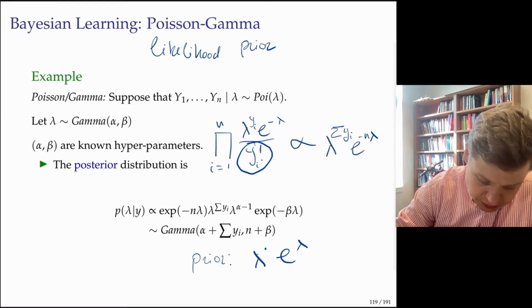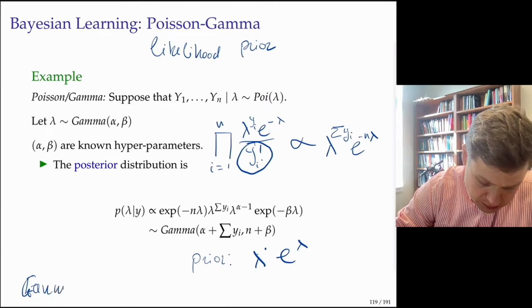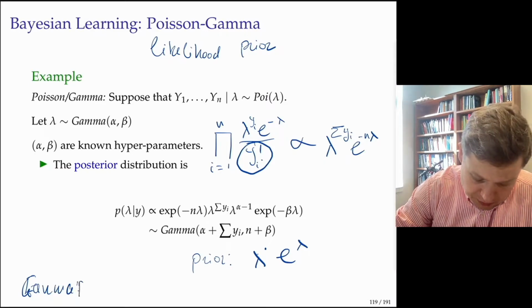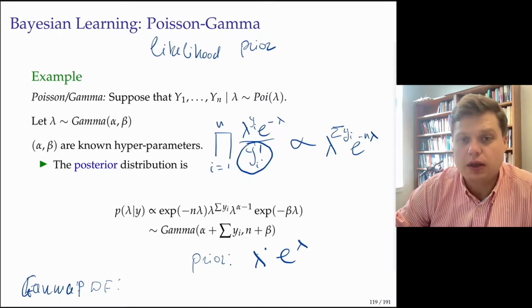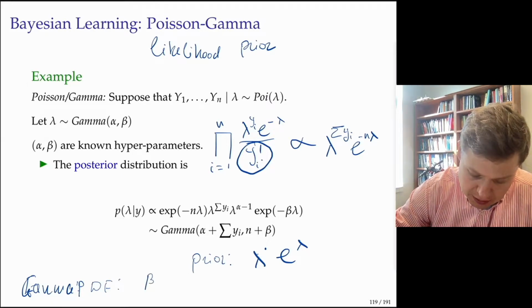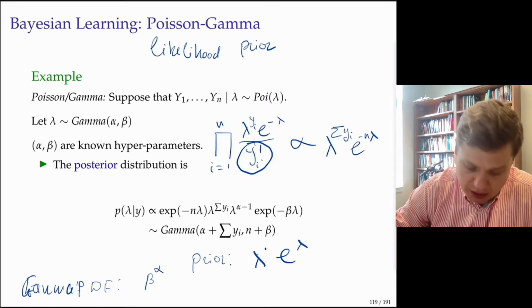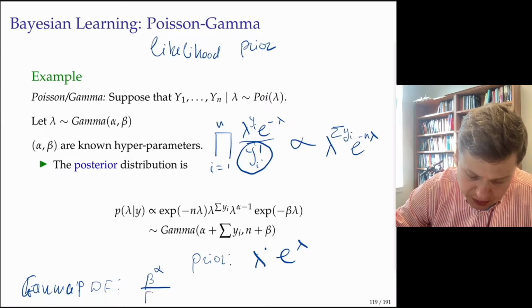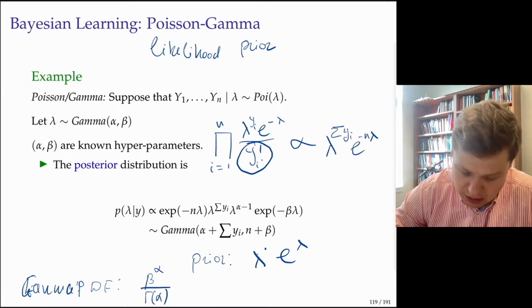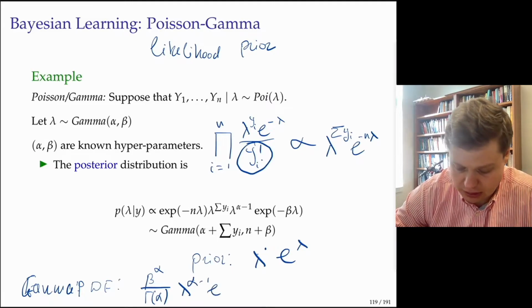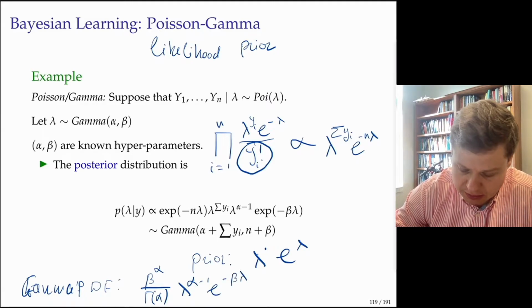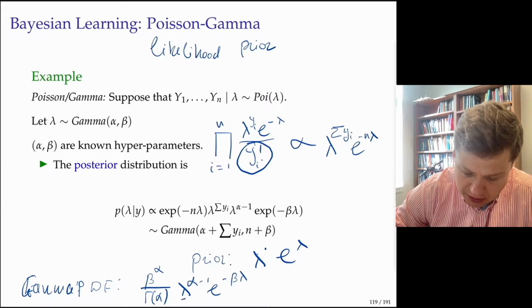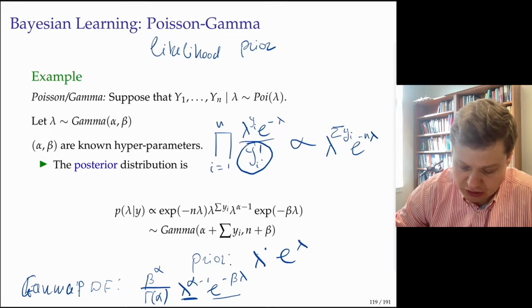And so the gamma distribution is the following PDF. So that's a PDF of gamma distribution. You have beta to the power alpha, and beta and alpha are the parameters of the gamma distribution. Those are our hyperparameters. Gamma function of alpha. And then you have lambda raised to the power alpha minus 1 times exponent of minus beta times lambda. So it's exactly what we want. We have lambda raised to some power, and then we have an exponent of a linear function of lambda.